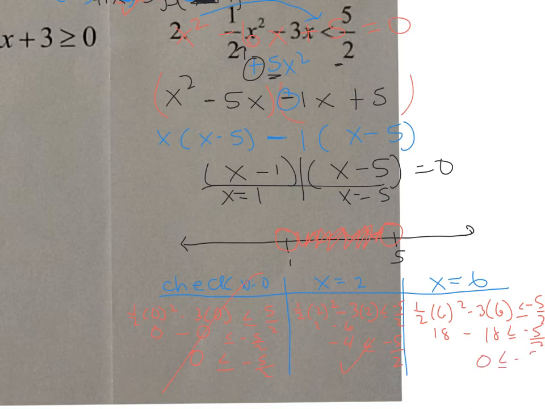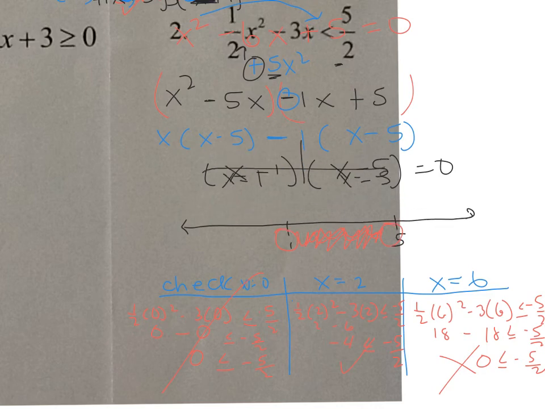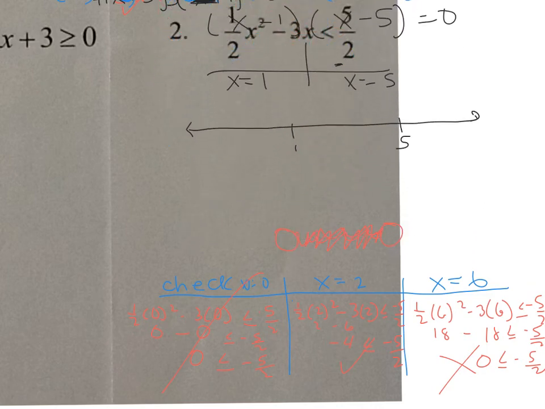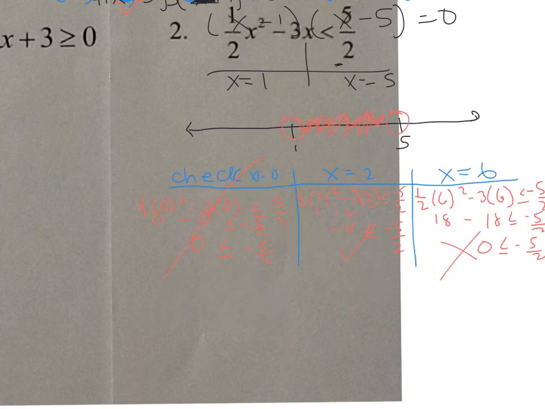Is 0 less than negative 5 halves? No, that's not true. That's actually greater than. So we don't shade to the right. So I have my shading in the middle. So this is one solution already. Now I just have to take care of the other solutions. So I need to move everything up. This first solution is the graph.